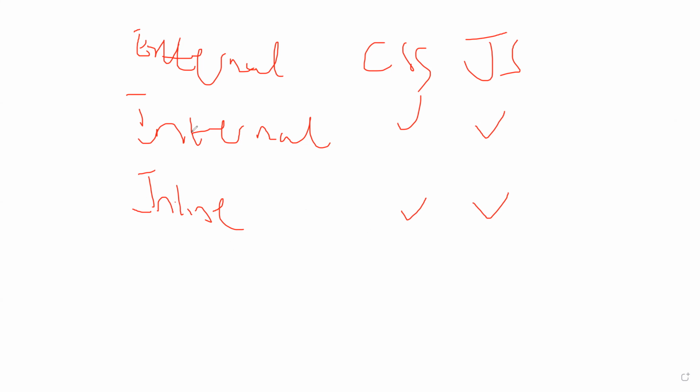Now, I will start with inline. Inline, if you remember that in CSS, if I have a P, I can write my style here, right? Then give it the value, the declaration here.